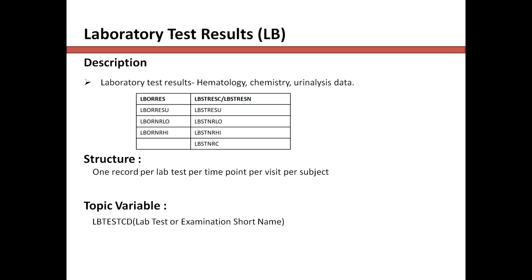Here we have LBORRES, the original results, which can be converted into standard results in character and numeric format. We also have original results unit and standard results unit variables, and low level and high level value variables. The structure for laboratory test results is one record per lab test, per time point, per visit, per subject, and the topic variable is lab test code.